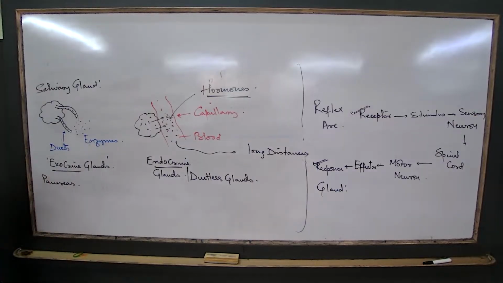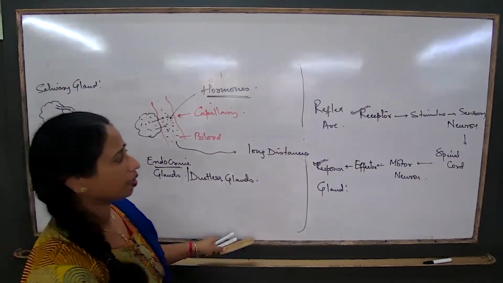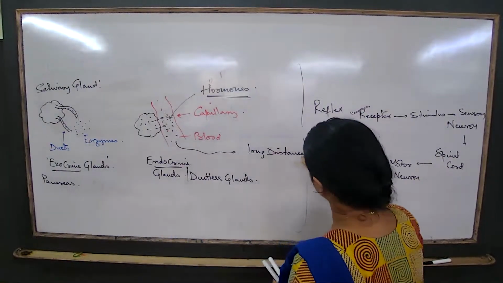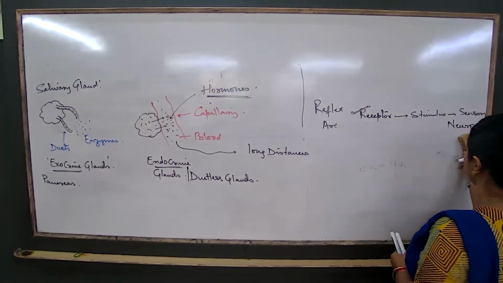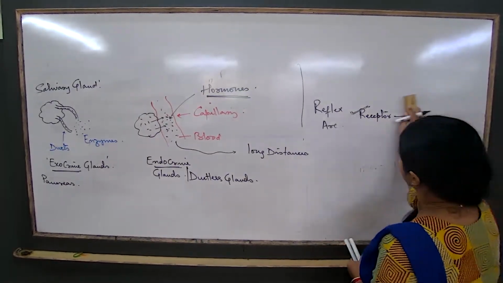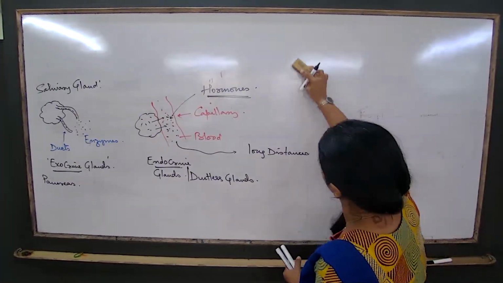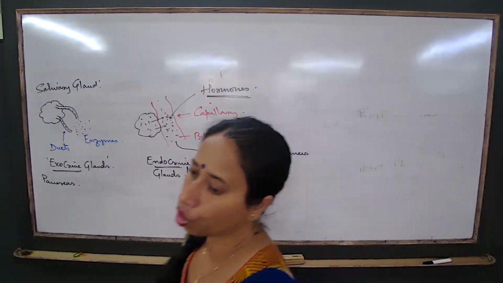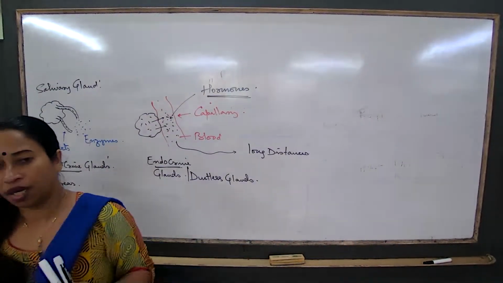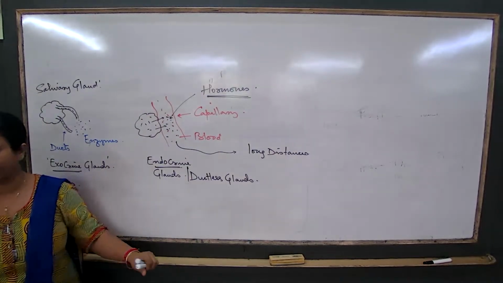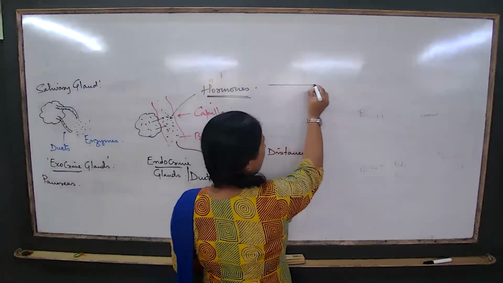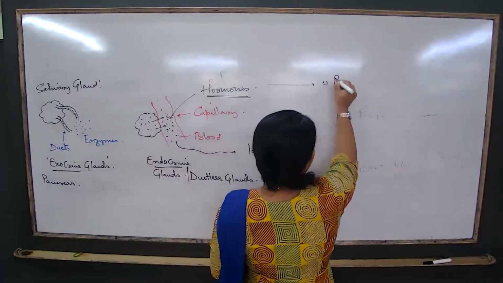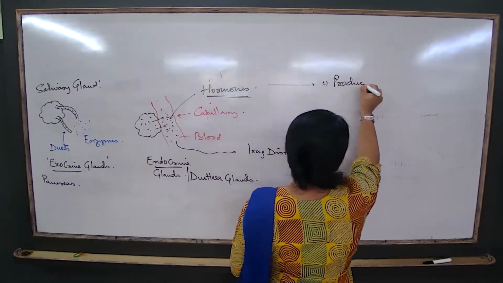Now, a major difference that we understand when we talk about the characteristics of the hormones, or the characteristics of the endocrine glands. Hormones, unlike the enzymes, are produced in very, very small amounts. So what is one special feature of the hormones?